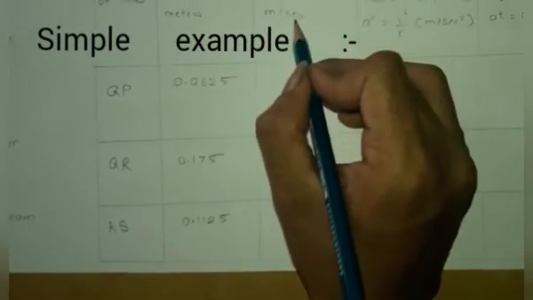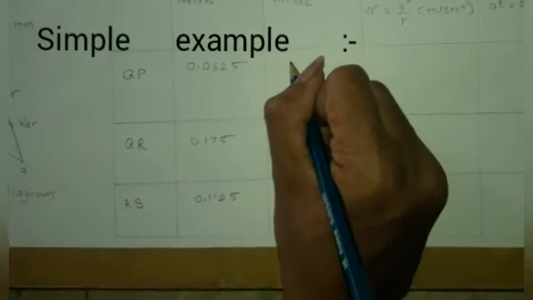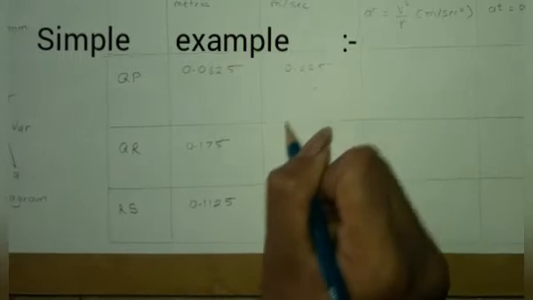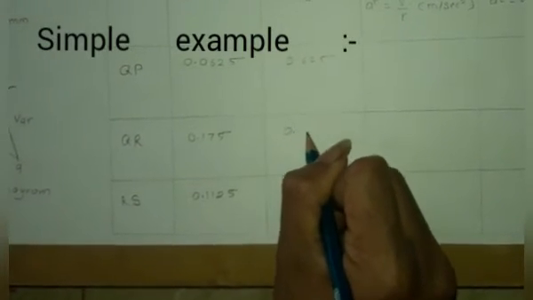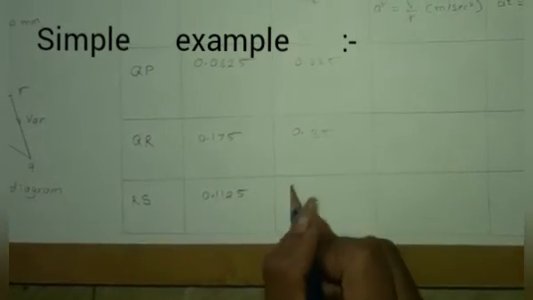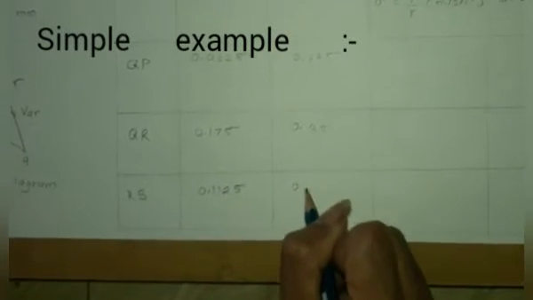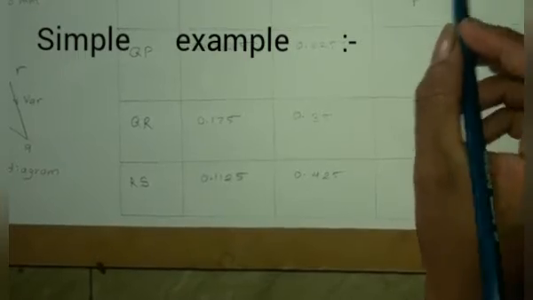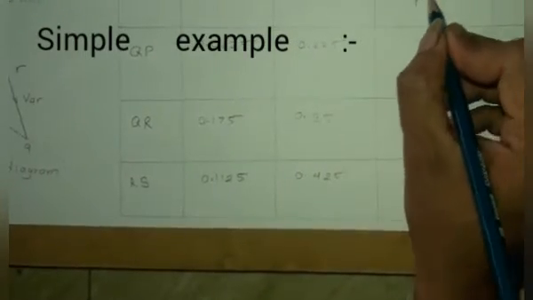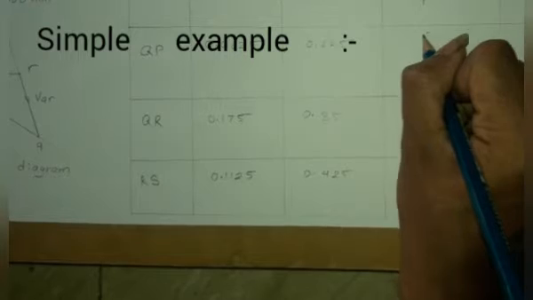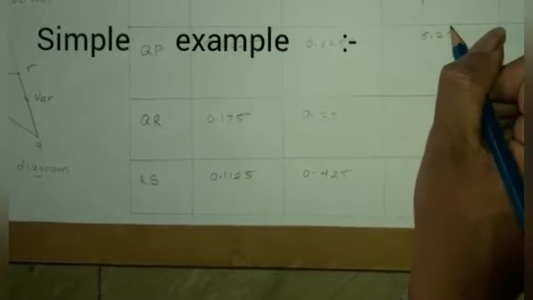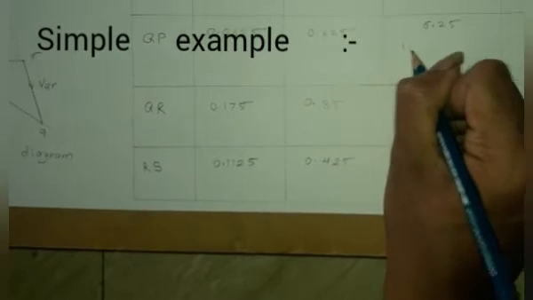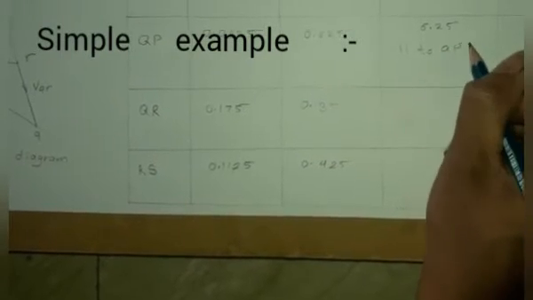Velocity of link V in meter per second. For QP 0.625, for QR 0.35, for RS 0.425. Acceleration of link QP in radial component will be 6.25 and having direction parallel to link QP.